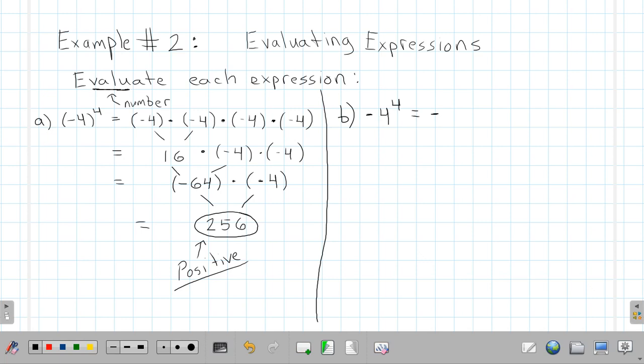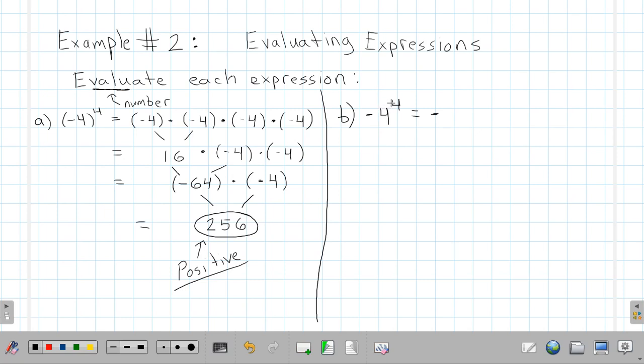So let's go ahead and write this negative, because it's out here kind of by itself. But now we see that the 4 that's here is actually only being raised to this exponent, not the -4. In this case, this exponent is only beside this 4.